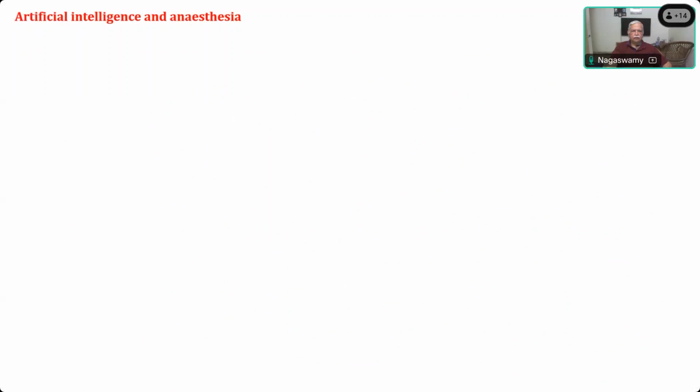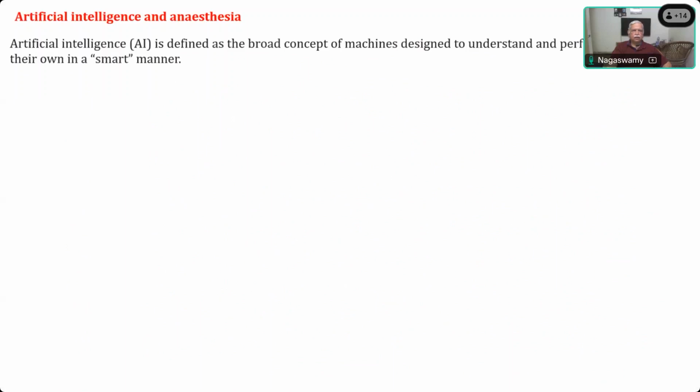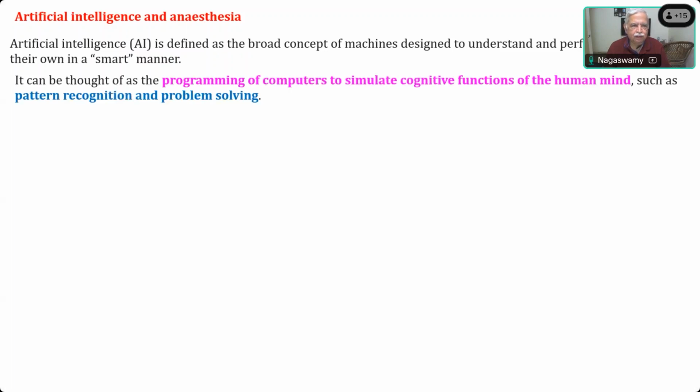So artificial intelligence and anesthesia. This is the common question that is asked. So AI is defined as a broad concept of machines designed to understand and perform tasks on their own in a smart manner. So the computer becomes a smart equipment, just like your smartphone. The computers are becoming smart equipments.